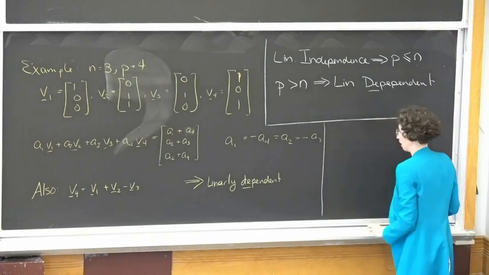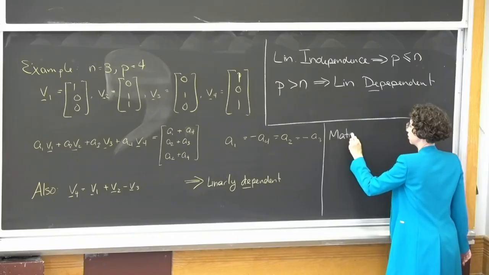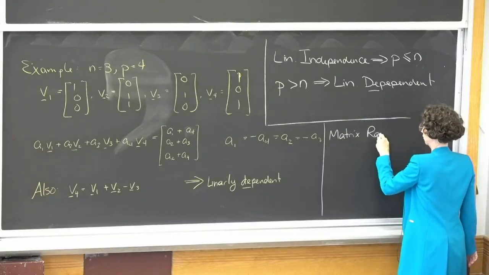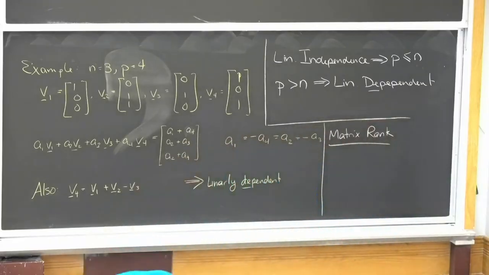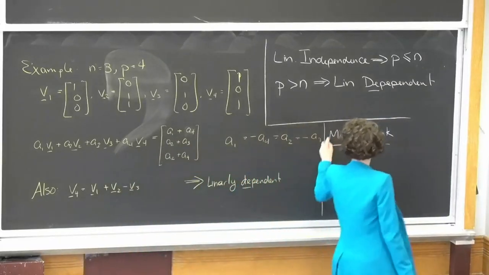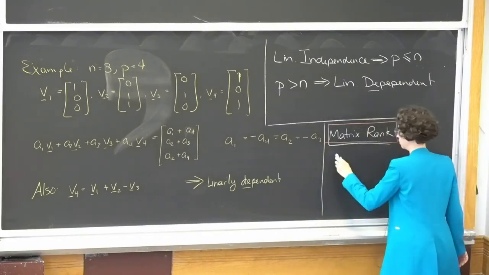Another important concept that we touched on earlier is that of matrix rank. The rank of a matrix is simply equal to the number of linearly independent columns.